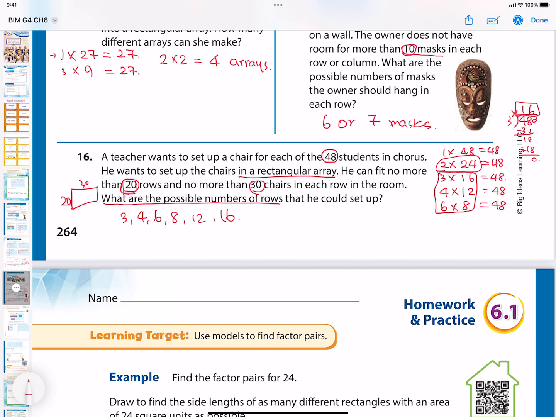In each row. So that's no more than 20 rows and no more than 30 chairs. Yeah, so that's also possible. So I'm sorry, 2 rows and 24 chairs also can be, because 2 rows of 24 chairs can fit in the room. But this 24 cannot be the row.